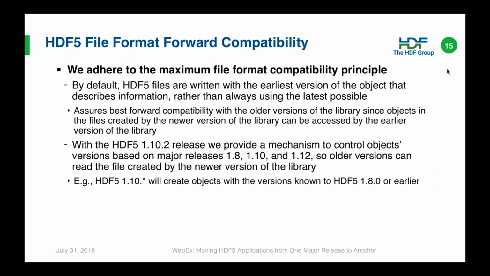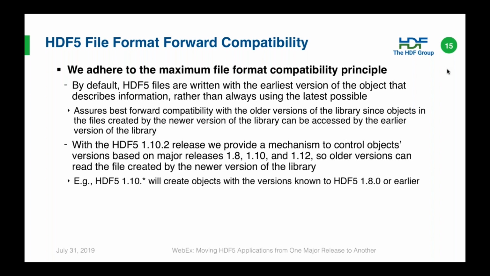So, as I said, we would like to have file format forward compatibility, which is very hard to achieve. We adhere to the maximum file format compatibility principle, which reads as it's written here. By default, files are written with the earliest version of the object that describes the information, rather than always using the latest possible.